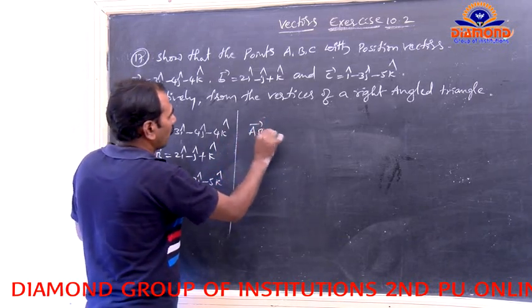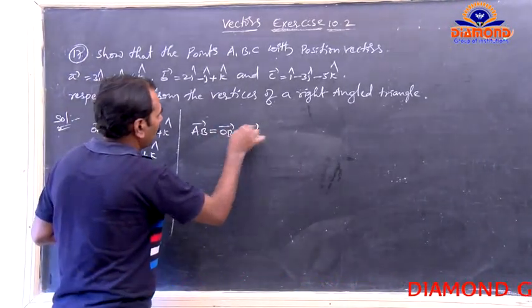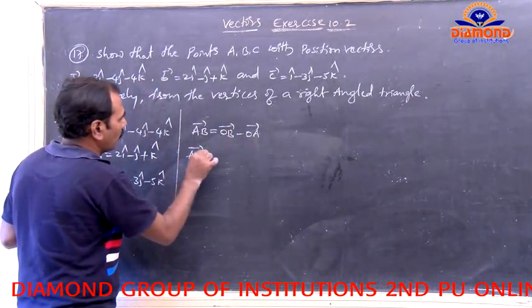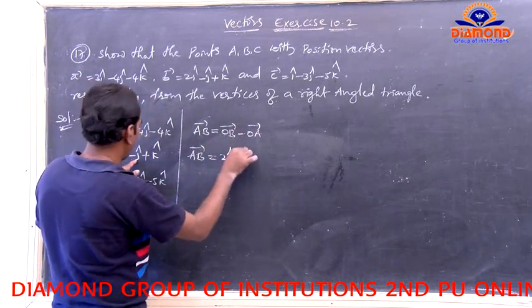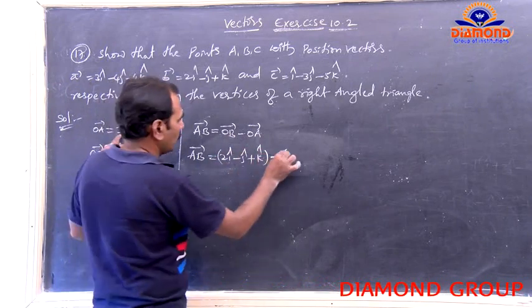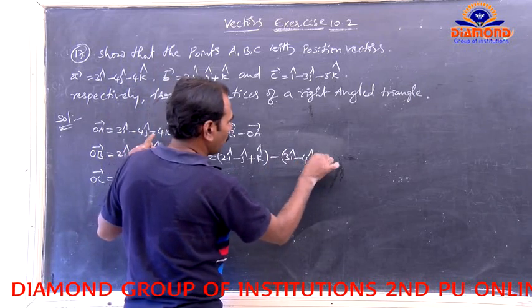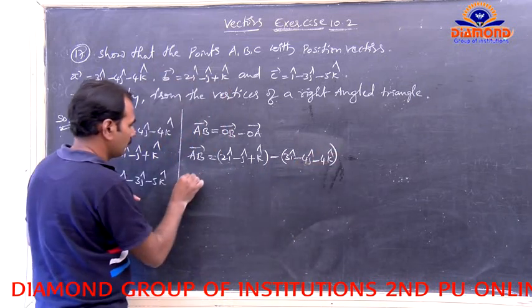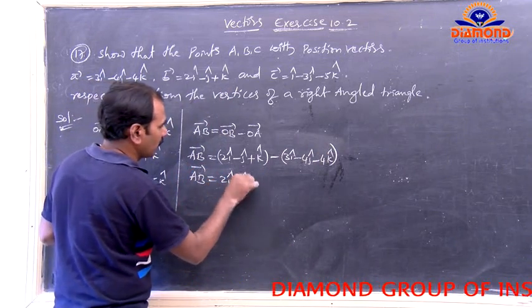AB bar equals OB bar minus OA bar, which is 2i cap minus j cap plus k cap minus (3i cap minus 4j cap minus 4k cap).